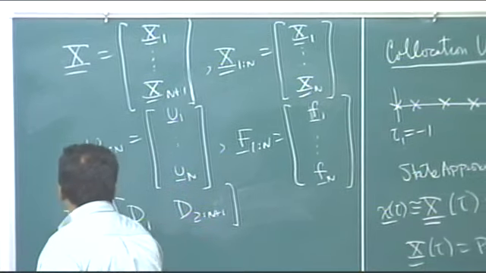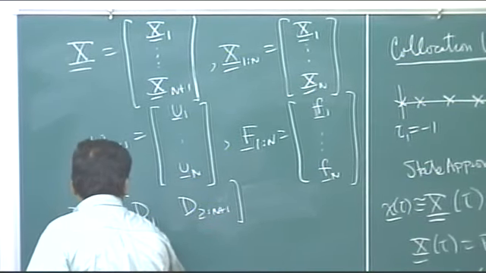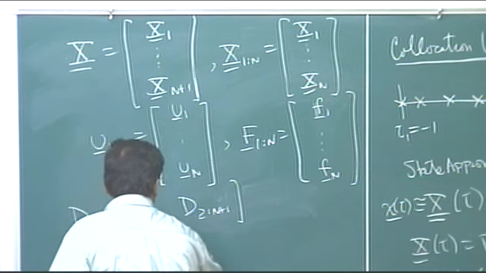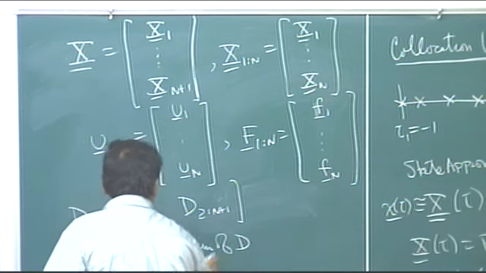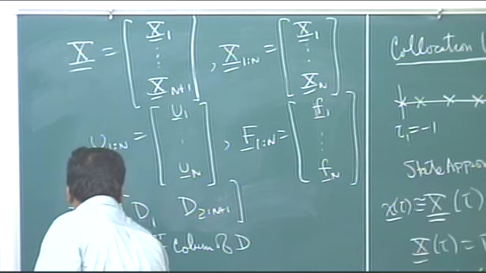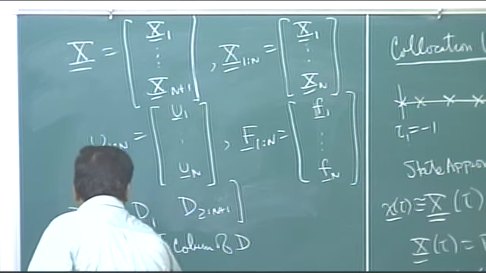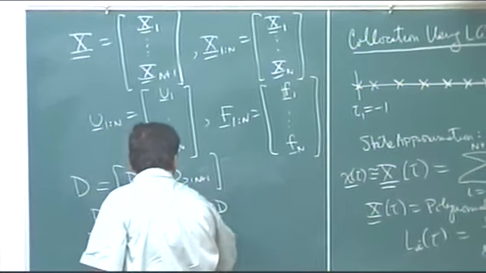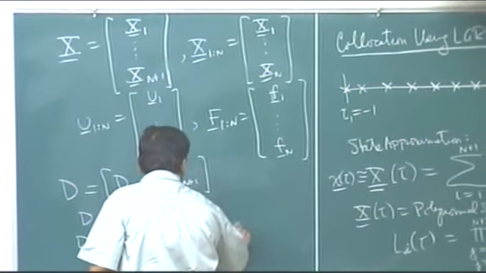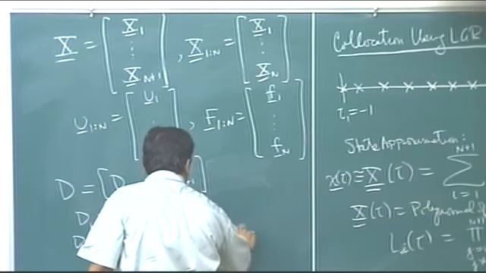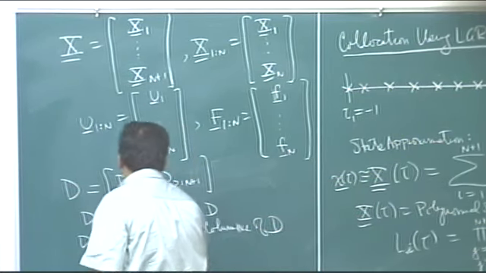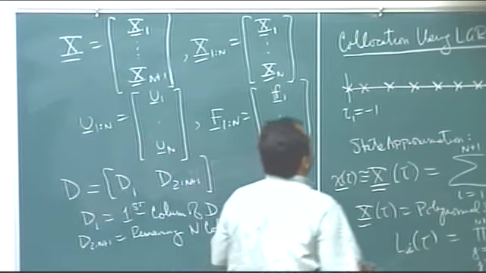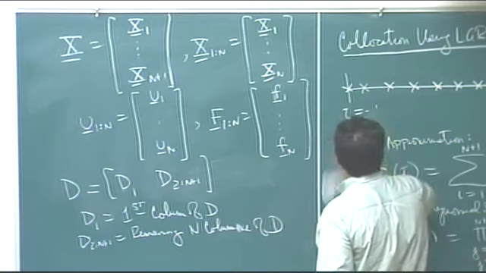So D1 is the first column of D, and D2 colon n plus 1 are the remaining n columns of D.